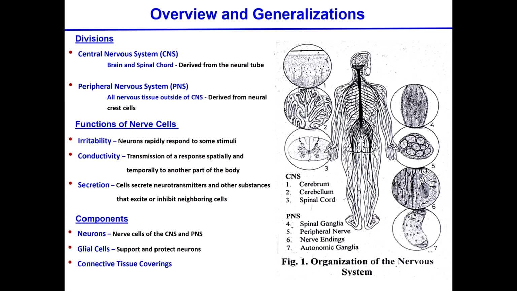So the nervous system has 2 main divisions in humans and the majority of mammalian organisms. They have the central nervous system, which is formed by the brain and the spinal cord, and the peripheral nervous system.